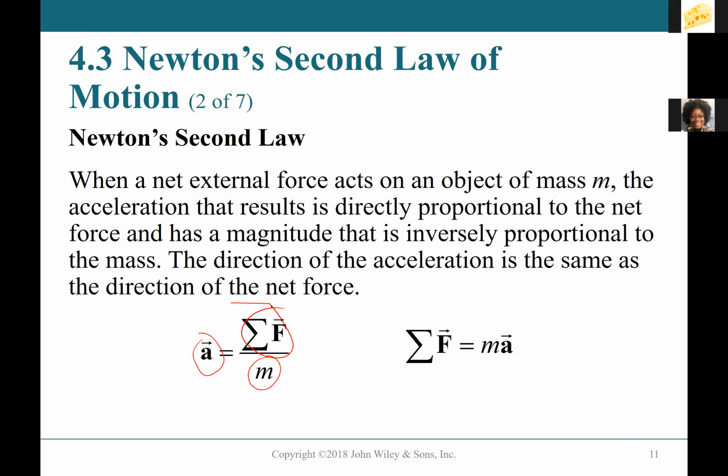So that equation written linearly, written in a straight line, is here. The net force, meaning the sum of all the forces, equals the mass times the acceleration. Now, this is why I wanted you to learn all of your kinematic equations. That's because this acceleration is actually the same value we would solve for in previous chapters, in chapters 2 and 3.